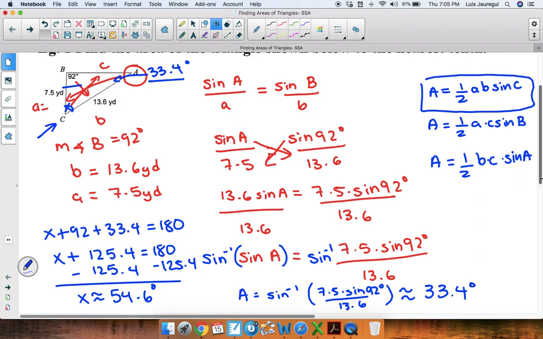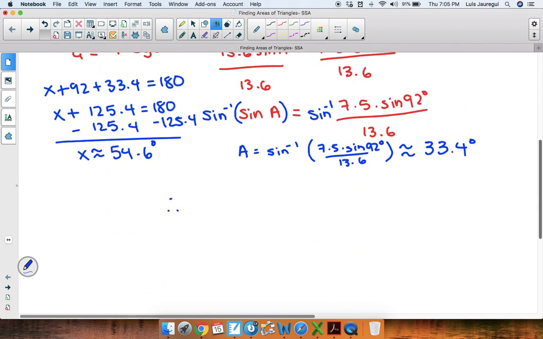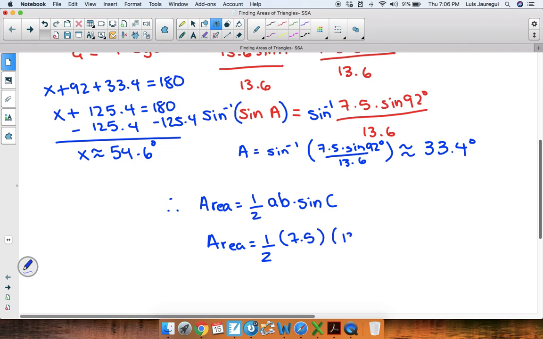Therefore the area is equal to 1/2 times a times b times sine of C, and after we substitute in the information, we get that the area is equal to 1/2 times 7.5 times 13.6 times the sine of 54.6 degrees. Now we are going to enter that into the TI Inspire so we can get an approximation to the nearest tenth.